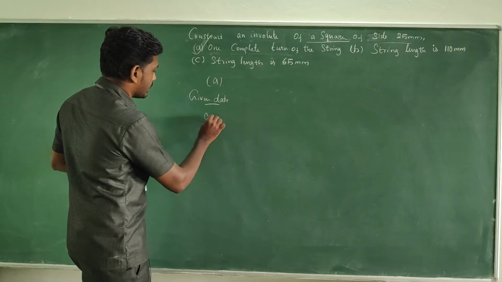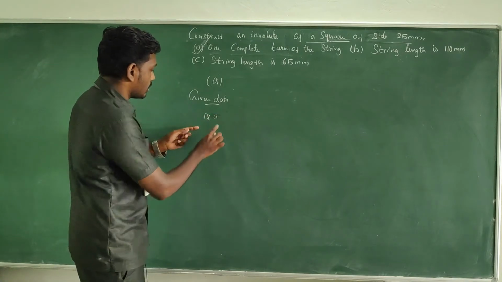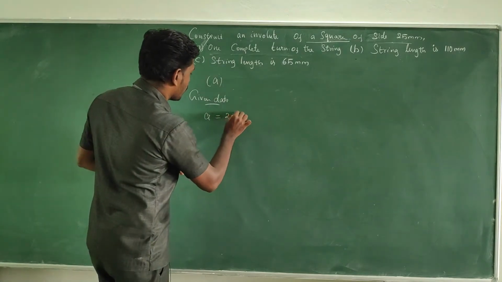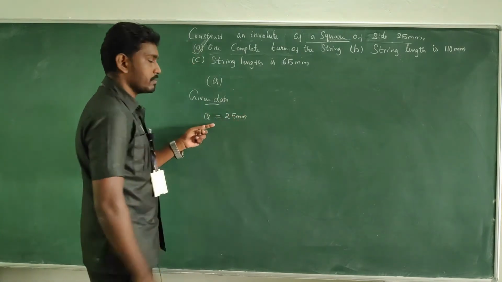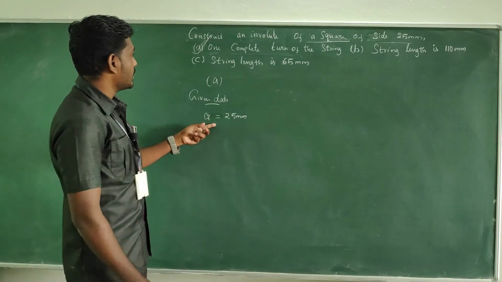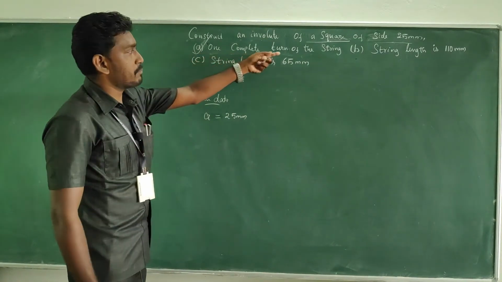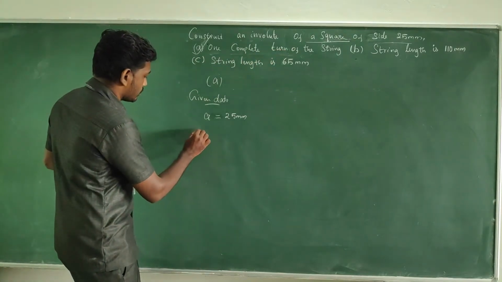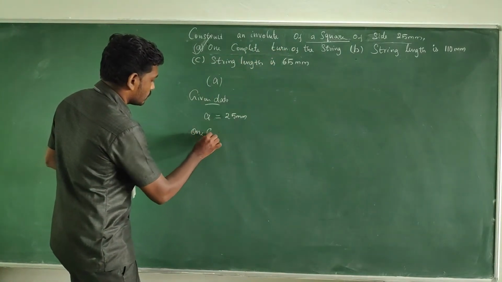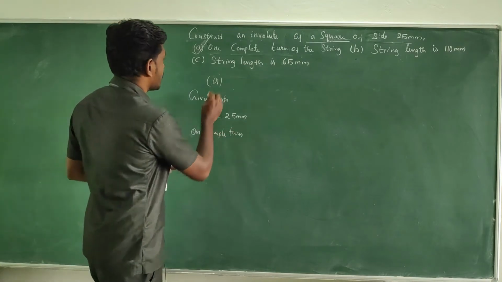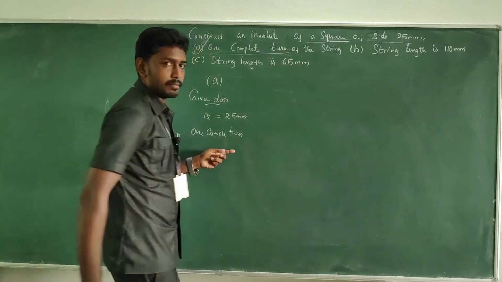I am going to take this side distance as A, which is equal to 25 mm. And any other data? Yes, we are going to calculate for one complete turn.